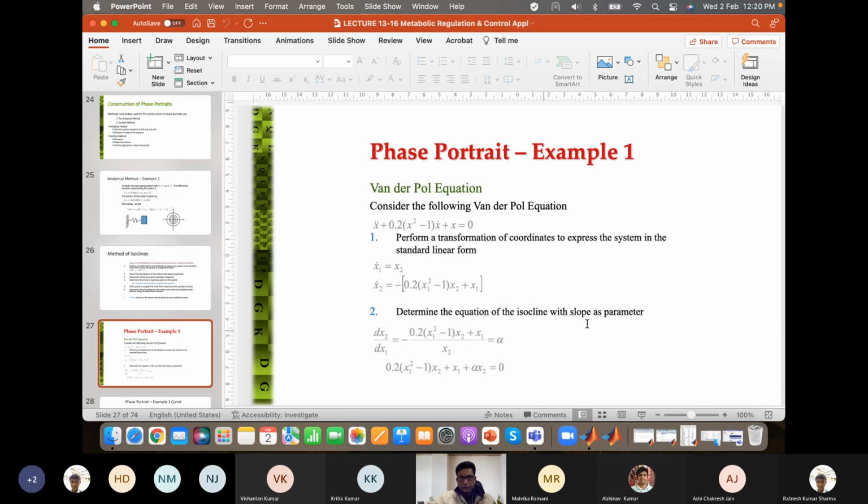This is how you derive the slope of the equation of the isocline. First let us just see this part of the equation, the function and the alpha. If you just rearrange it, you will agree that you can get this equation out here. The negative sign is here, so I could move the negative sign and bring it back here. This whole thing is very simple.